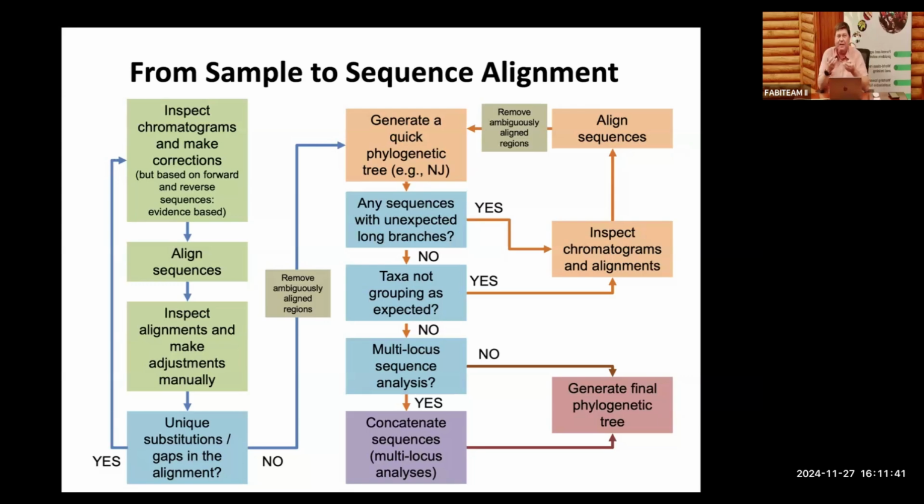So if you align those sequences, you will get very interesting phylogenies. You might think you've discovered a new genus or even a new family, but in fact, it was just because either your sequence alignment was in the wrong orientation, or you sequenced the wrong thing.